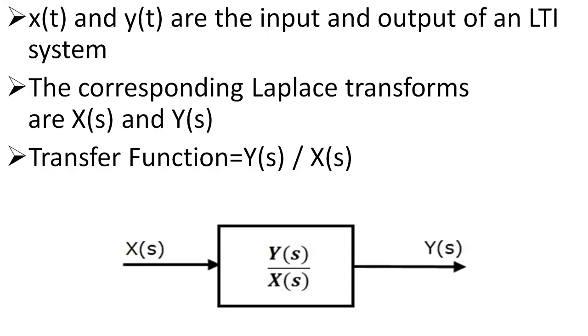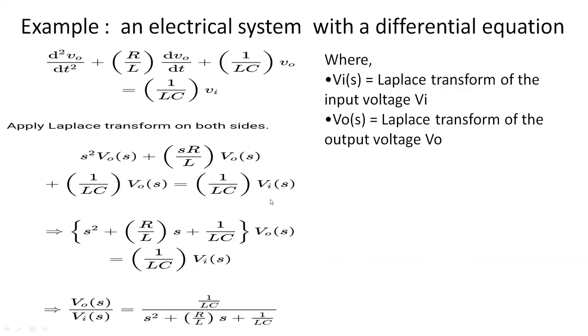If x of t and y of t are the input and output of an LTI system, then the corresponding Laplace transforms will be X of s and Y of s. So the transfer function is always Y of s by X of s. That's the change in output by change in input, which is what we normally call the transfer function.